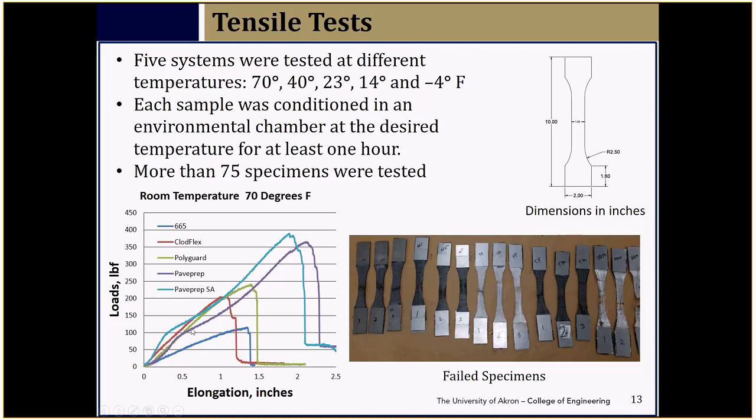And what you'll see from this figure is all these 5 membranes were able to stretch as much as 1 inch, or in some cases more than 2 inches. So the key finding from this test is that the membrane is able to stretch at least 1 inch without rupture.